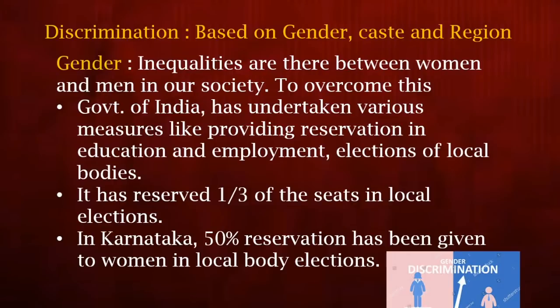The third important problem that we should discuss in this chapter is discrimination, partiality. Discrimination, making a distinction between two or more sets of people. Now, in India, we find discrimination based on gender, mainly between men and women.